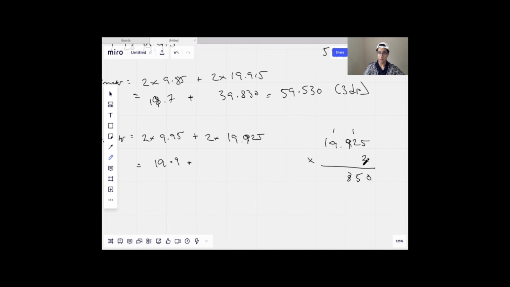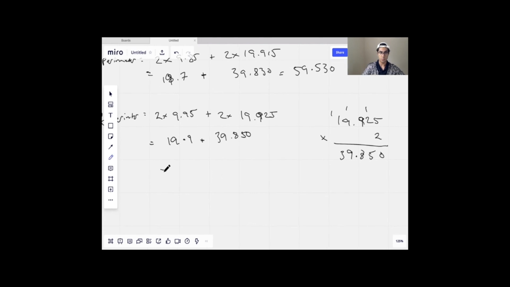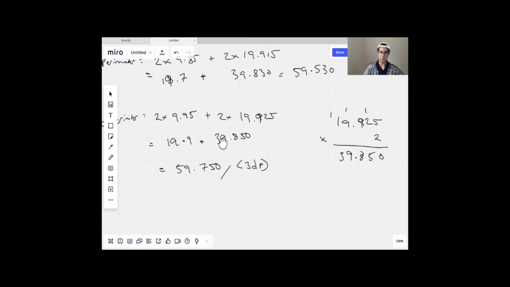And we carry the 1. 2 times 9, 18 again, plus 1, so 19. Don't forget the decimal point. Carry the 1 again. 2 times 1, 1, plus 1, 3. 39.85. And if we add that up, we should get 59.750 to 3 dp, as we needed in the question.